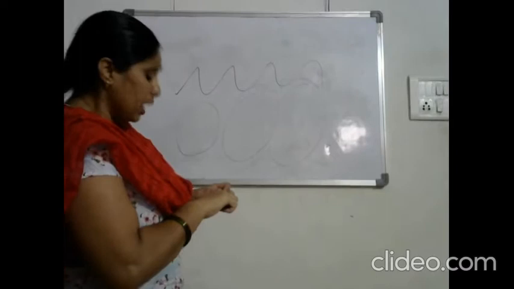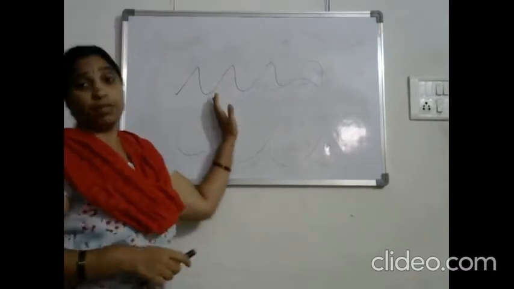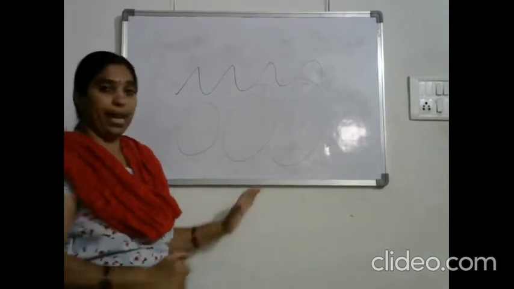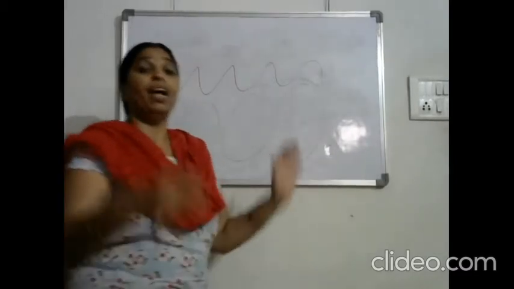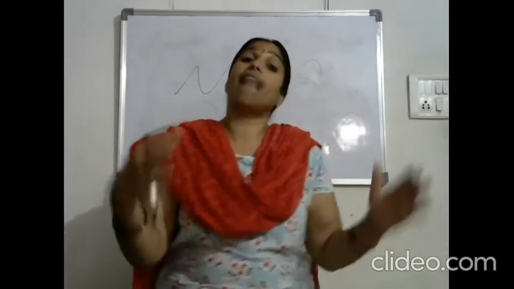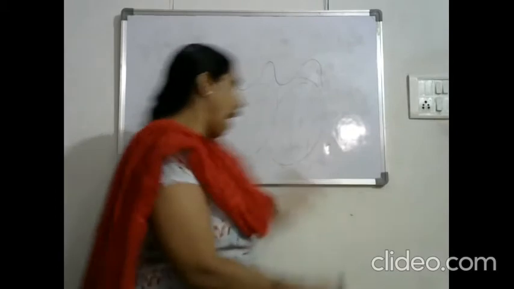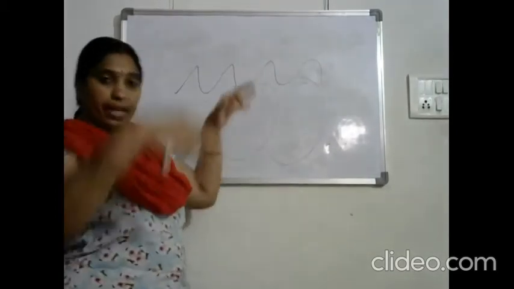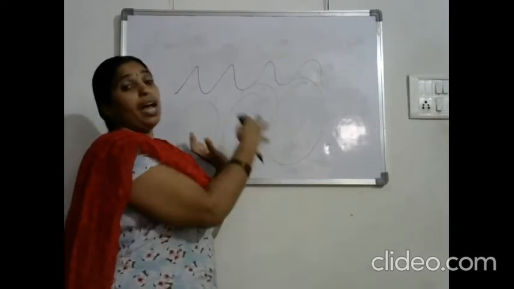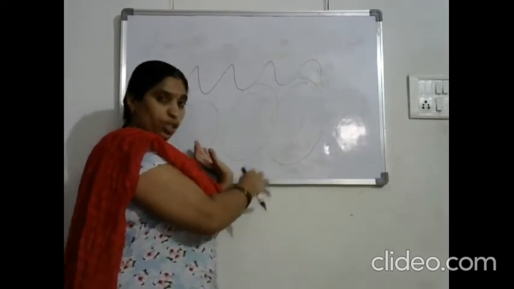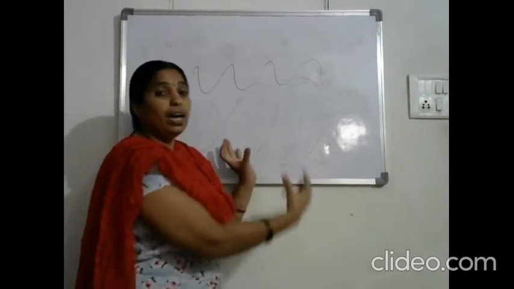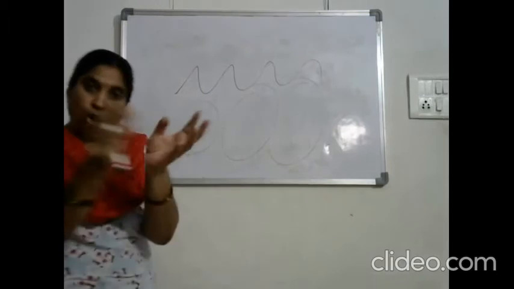Now, what happens when they keep the bombs? The rocks will break. But simultaneously, what will happen? We know that the formation of rocks takes thousands and thousands of years, and they are built into the Earth's surface. When we break these rocks, the soil in the Earth's surface will get loosened.